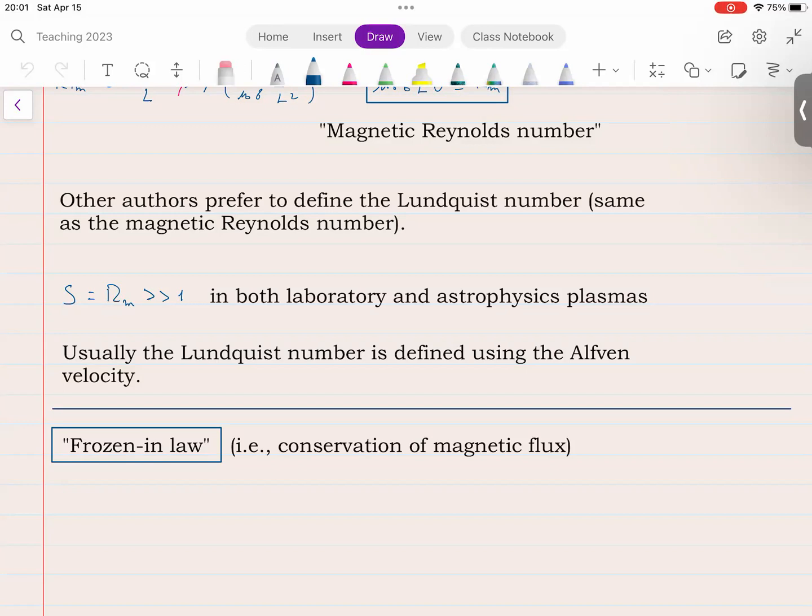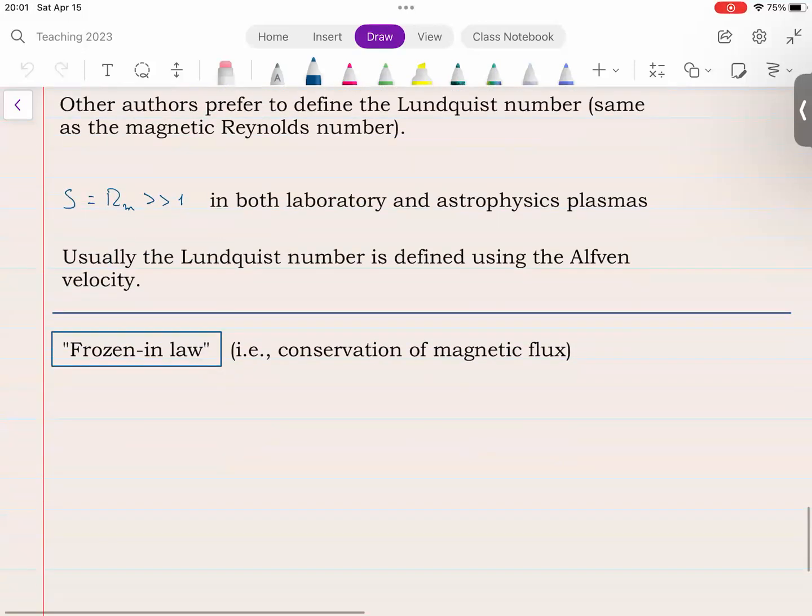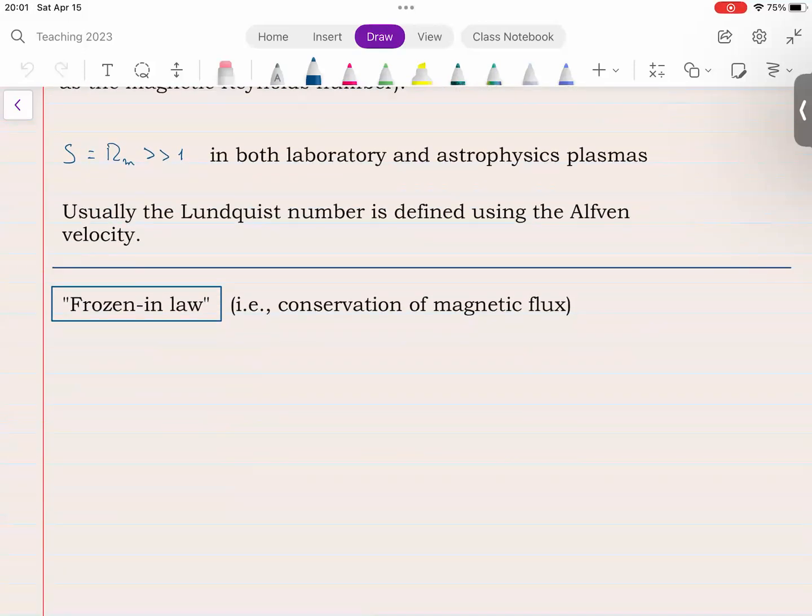And our textbook defines it and proves it in a couple of different ways.